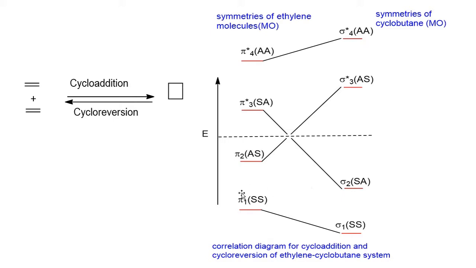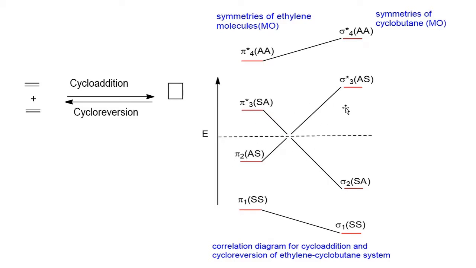Instead, one of the ground state molecular orbitals correlates with the excited state molecular orbitals of the product, and vice versa. So this process, the 2+2 cycloaddition reaction, is photochemically allowed. Here the ground state is correlating with the excited state.